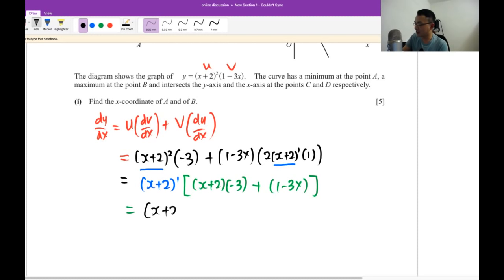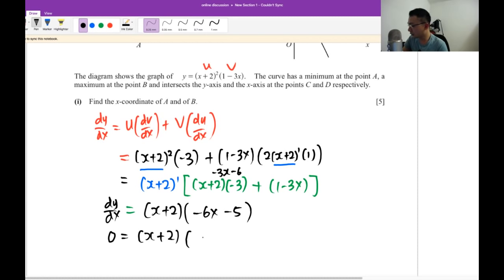So this is x plus 2. Here I will just simplify. This one is negative 3x minus 6, right? So minus 3x minus 3x is minus 6x, and minus 6 plus 1 is minus 5. So this is my dy/dx. Since I want to find the coordinates of the maximum and minimum, dy/dx will equal 0. So you will get negative 6x minus 5.